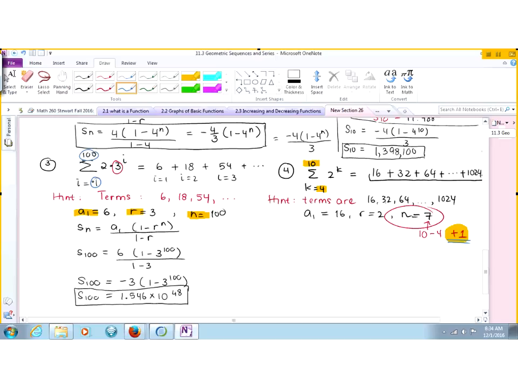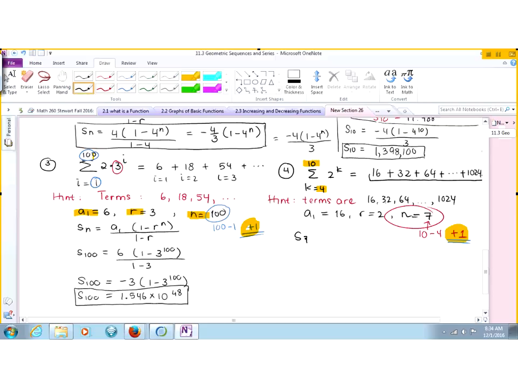Same thing with the 100: how many terms are between 1 and 100? 100 minus 1 is 99, plus 1, so you have 100 terms total.